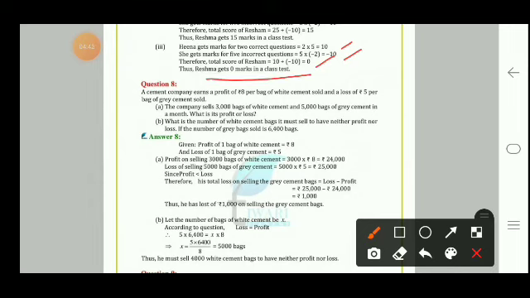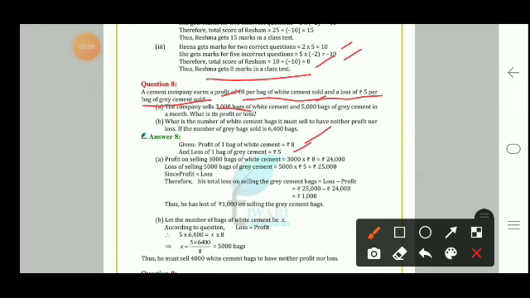Now question number 8: a cement company earns a profit of rupees 8 per bag of white cement and sold at a loss of rupees 5 a bag of grey cement. The company sells 3000 bags of white cement and 5000 bags of grey cement. What is the profit or loss? Profit is 8 for every white cement bag, and loss is rupees 5 for every grey cement bag.